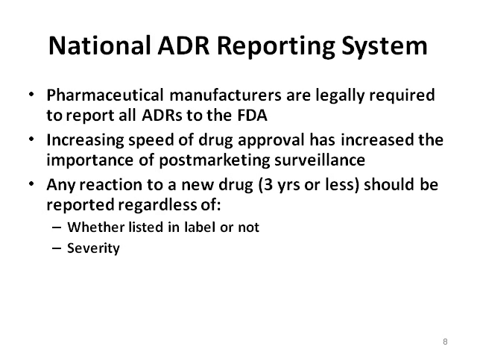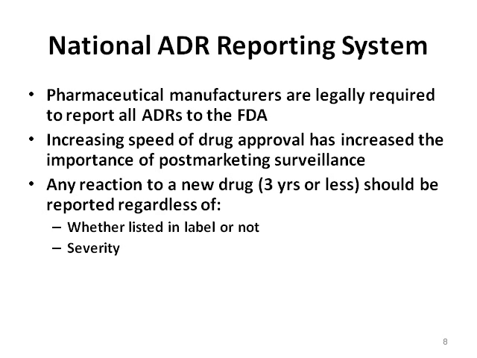In the United States, we have the National Adverse Drug Reaction Reporting System. Drug manufacturers, as indicated on slide 75 here, are required by law to report all adverse drug reactions to the FDA. This has become increasingly more important because the drug approval has sped up.